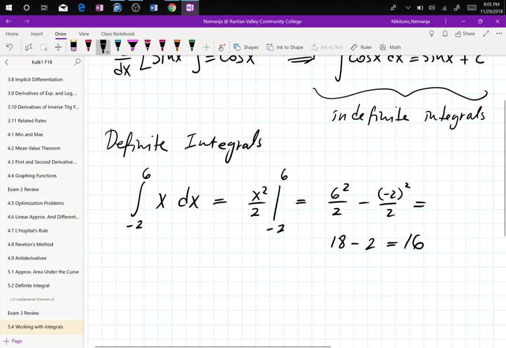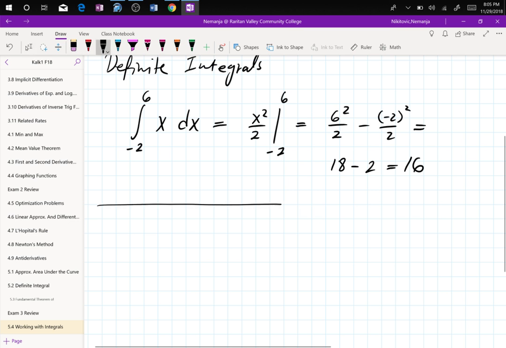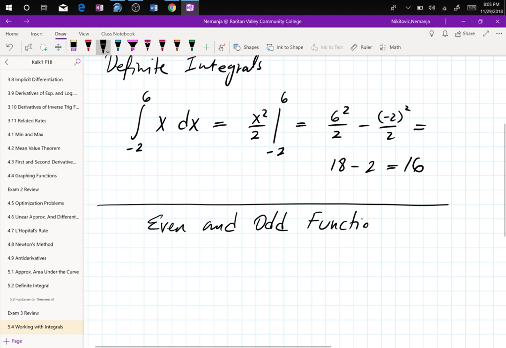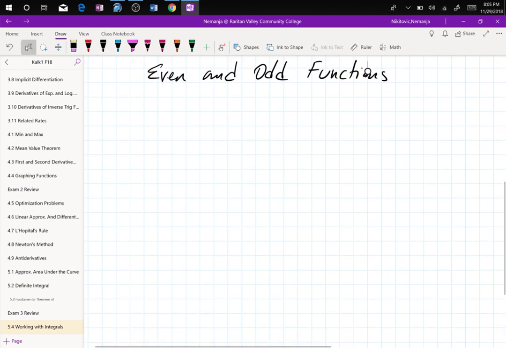Now, we learned a lot of formulas to deal with integration, and what follows now are just these few formulas that are quality of life improvement. For instance, even and odd functions. What we have is, let's say, a function that contains only even exponents of x.